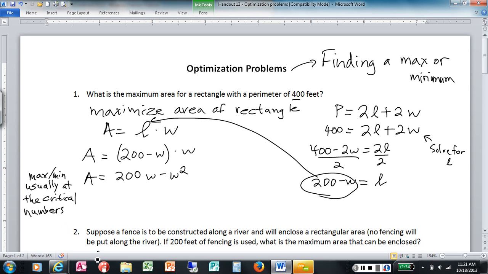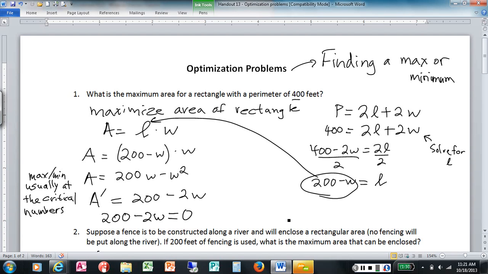So I've got to get the derivative here. And so that's why we did it in one variable. The derivative here would just be of A. The derivative of A would be 200 minus 2W. And so I want to find the critical number, so I set that equal to 0. There won't be a does not exist critical number here.